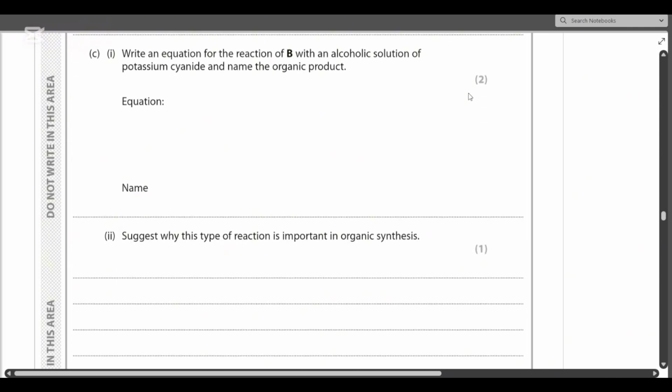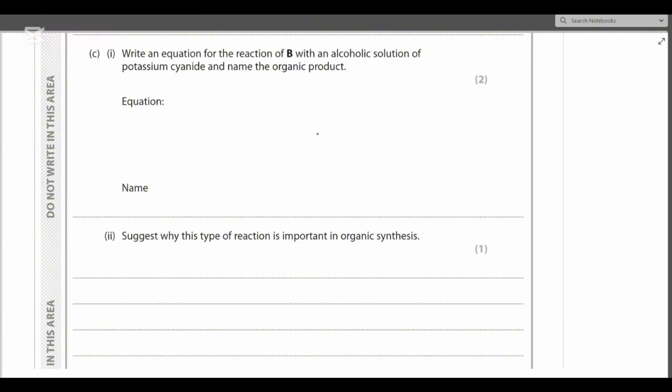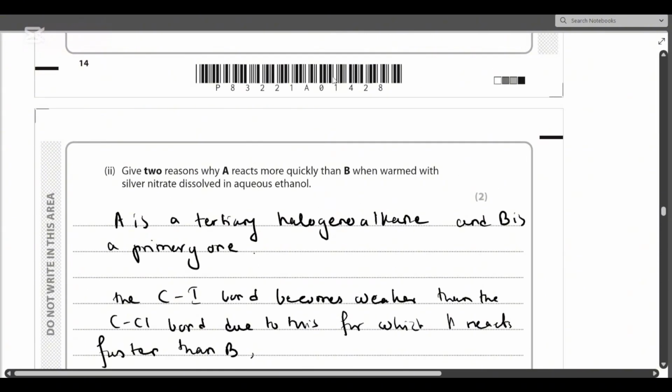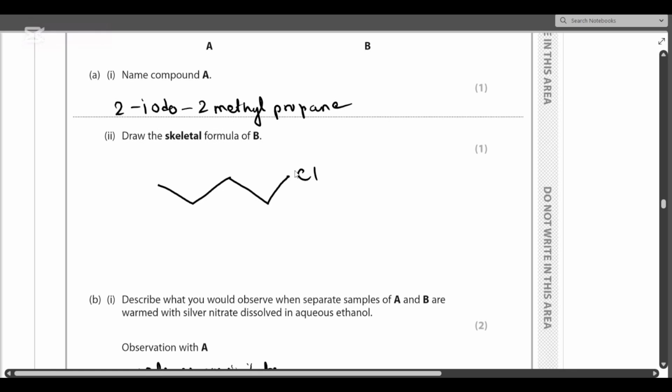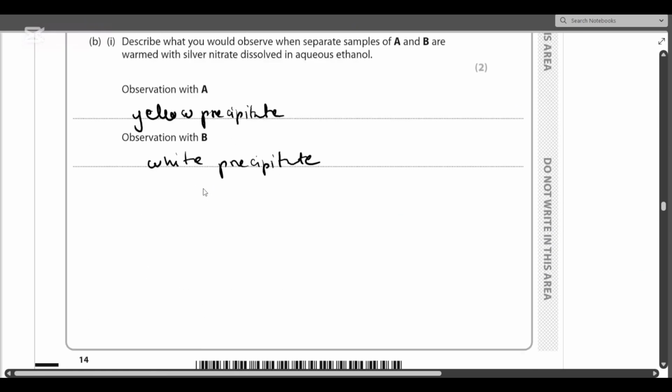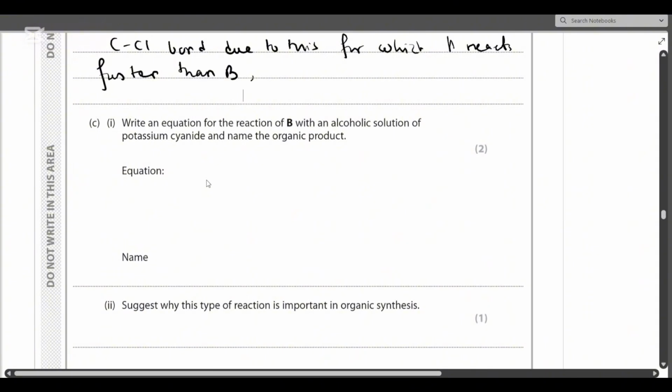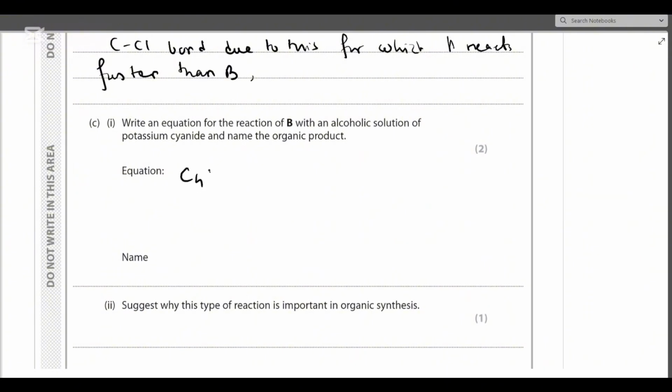Moving on, write an equation for the reaction of B with an alcoholic solution of potassium cyanide, and name the organic product. Now, for reaction B, here it is basically reacting with potassium cyanide, so we can easily write it down as C4H9Cl plus KCN, giving C4H9CN plus KCl.